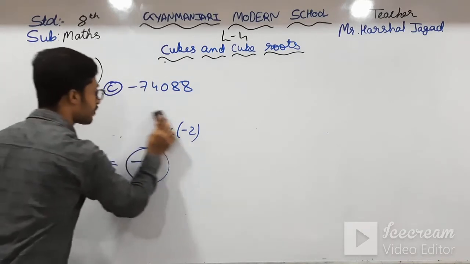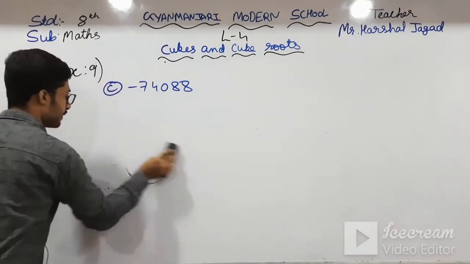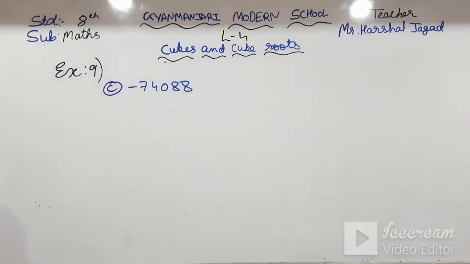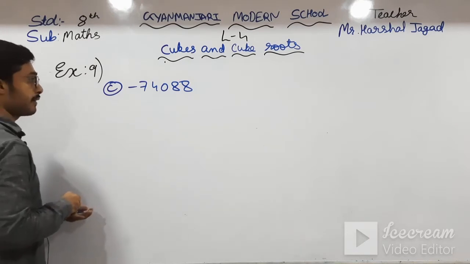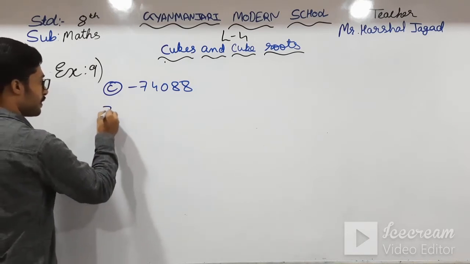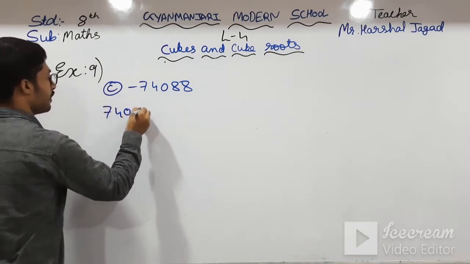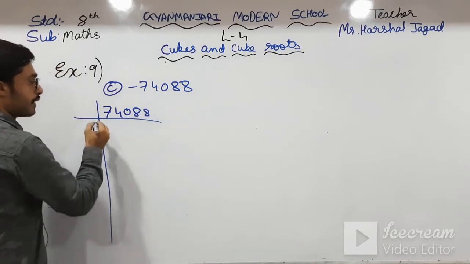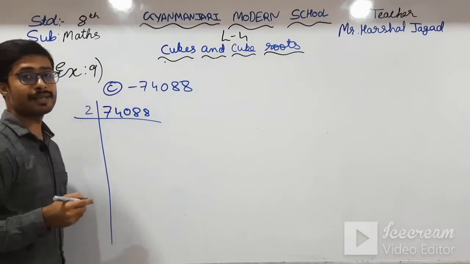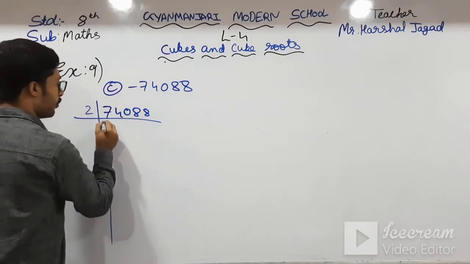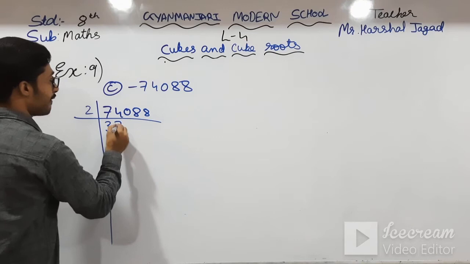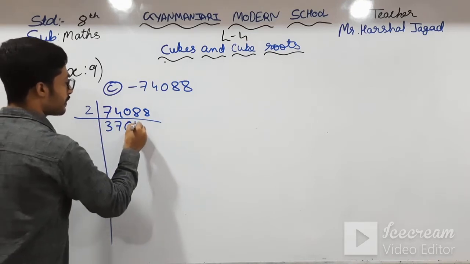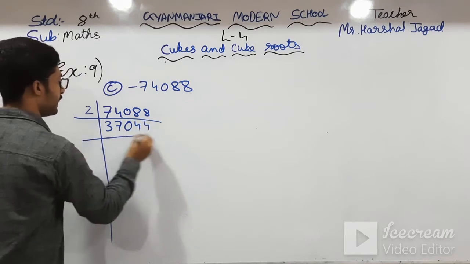Let us see that first of all we will take the factors. So we will take factors of 74088. It will start with 2 because at the unit place it is an even number. 2 3s are 6, 2 7s are 14, here 0. 2 4s are 8, 2 4s are 8.